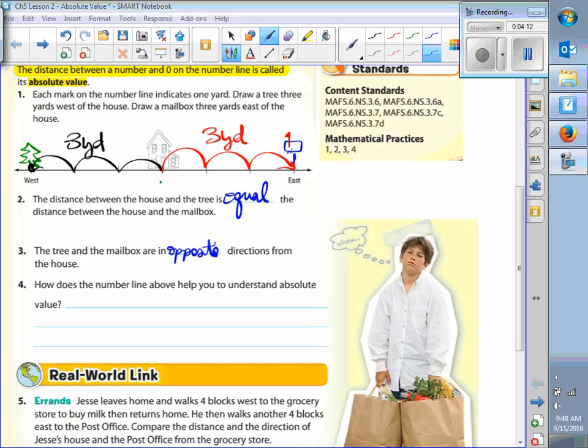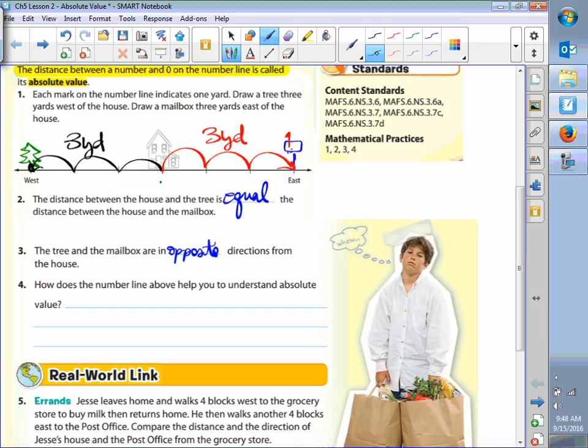So looking at the number line, if we're going to consider this a number line, the house would be at 0, right? So the house is at 0. Okay? So if this is 0, then the mailbox would be 3 units to the right, so that would be a positive 3, right?